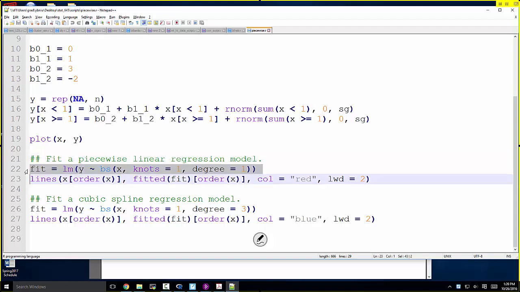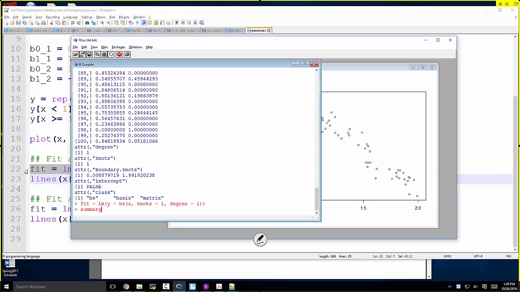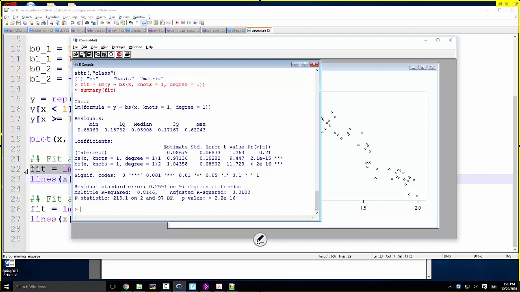Let's fit it and look at the output. One problem with using B-splines or splines is that the interpretation is harder. That first coefficient is not exactly a slope like we're used to thinking of it.